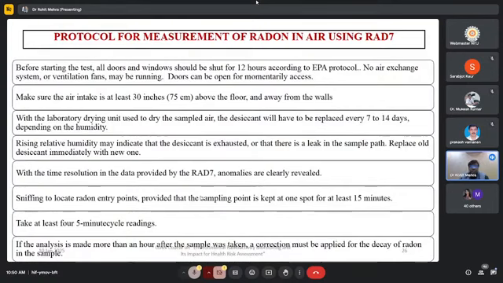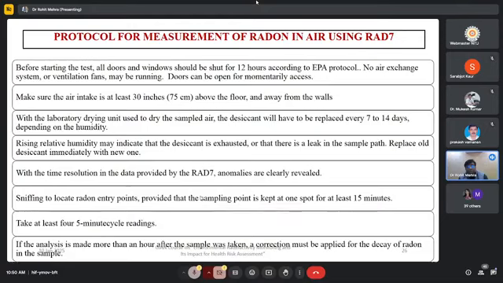Then again, it is a protocol which you should remember that before starting the test, all the doors and windows should be shut for 12 hours according to the EPA protocol, and no air exchange system or ventilation fans may be running. And make sure that the air intake is at least 30 inches above the floor and away from the wall.